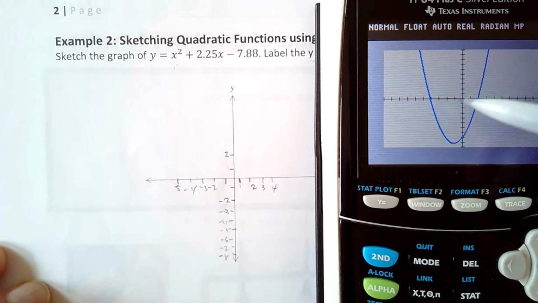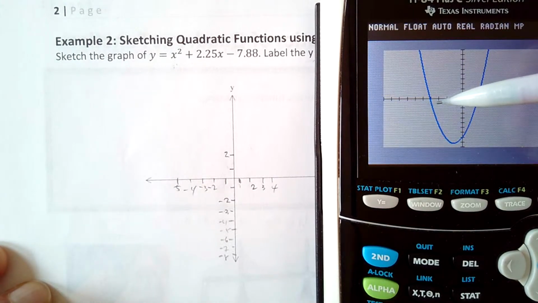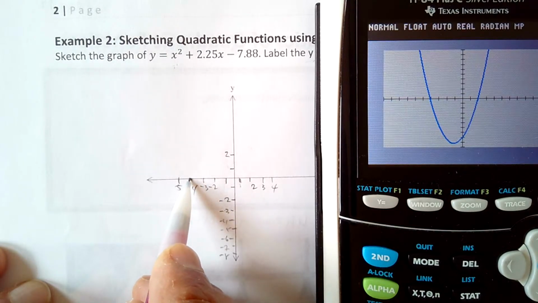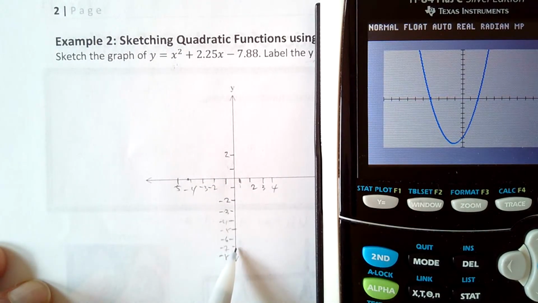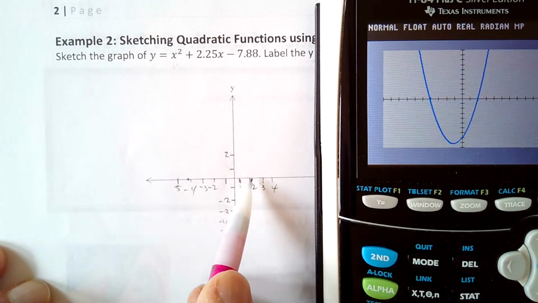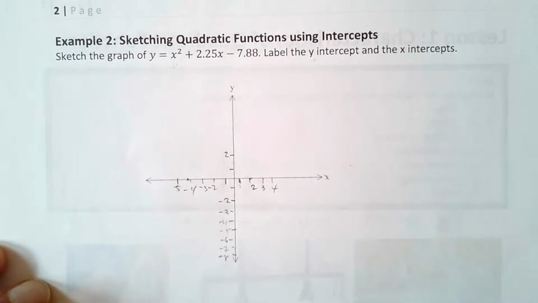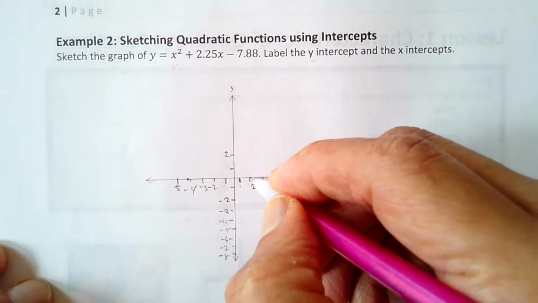From my graph here, it's between 4 and 5, but closer to 4. So put a point here. My graph is going there. The y-intercept is between 7 and 8, so it seems to be closer to 8, and it goes through 2. So this is a sketch, right? It's not precise yet. So we'll have a graph going up.